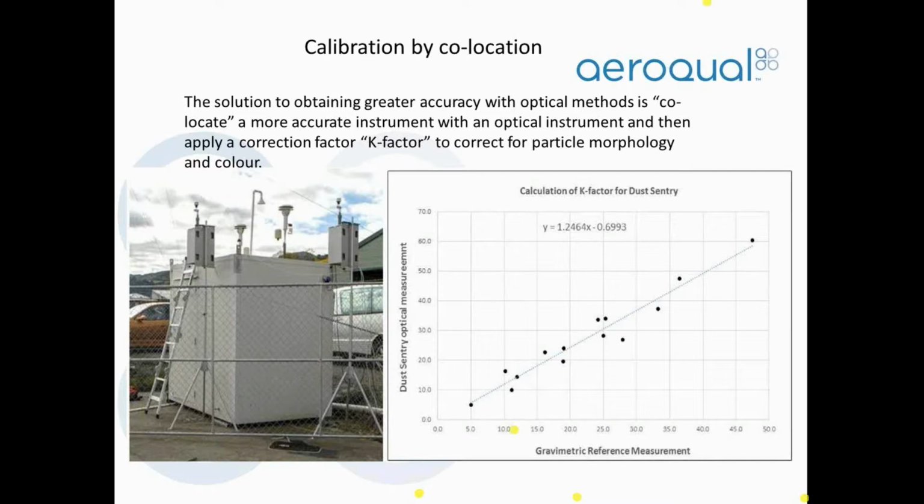We would then take the measurement from the more accurate instrument, such as the high vol, and we would use that and compare it to the measurements obtained from the nephelometer, from the indicative instrument, and we would apply what's called a K factor, or sometimes referred to as a correction factor, and this adjusts or corrects for differences in response for the different particle types.